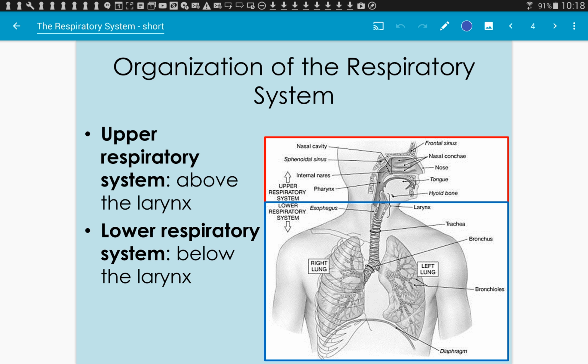So the upper respiratory system is pretty much your head and the very beginning of your neck, and the lower respiratory system is your trachea down below and that whole respiratory tree. From the larynx and above is your upper respiratory system, and from there below is your lower respiratory system.